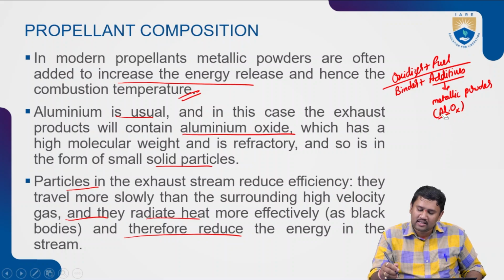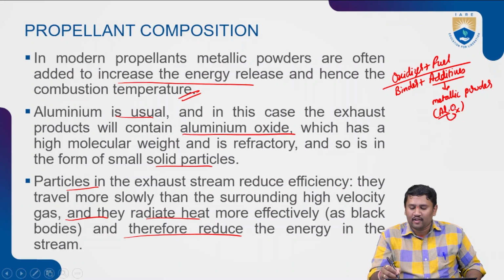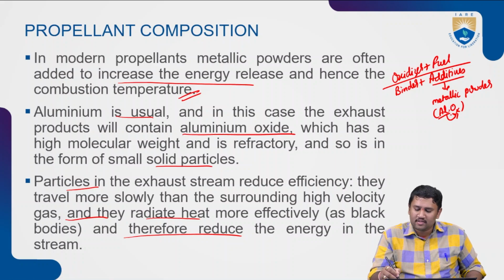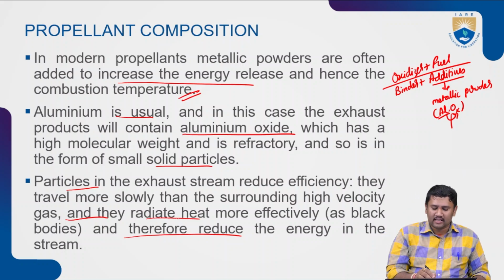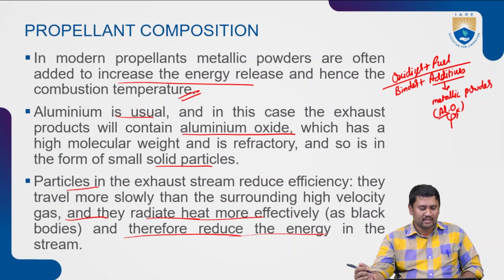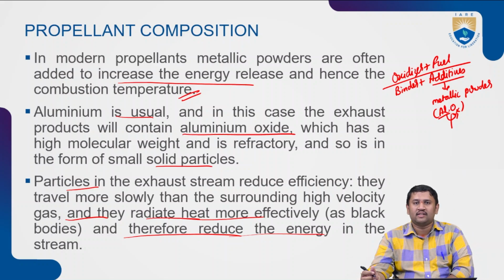Now, as it contains its own oxidizer, when they are burned, they tend to give out more amount of heat, right? As they radiate more heat, there is an overall energy reduction and more amount of exhaust is to be pushed.